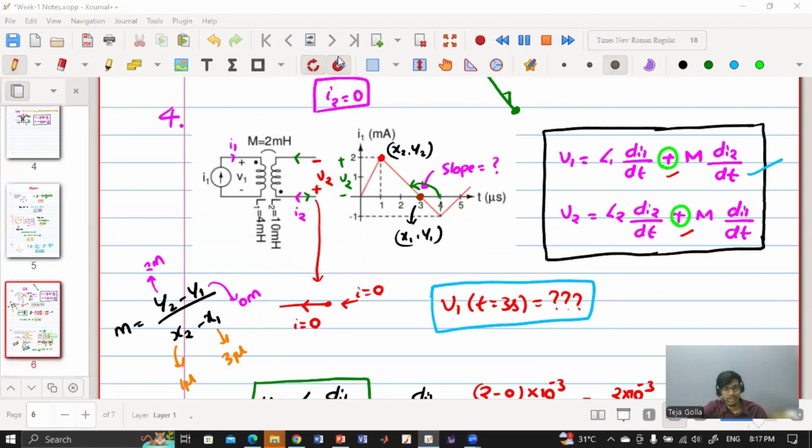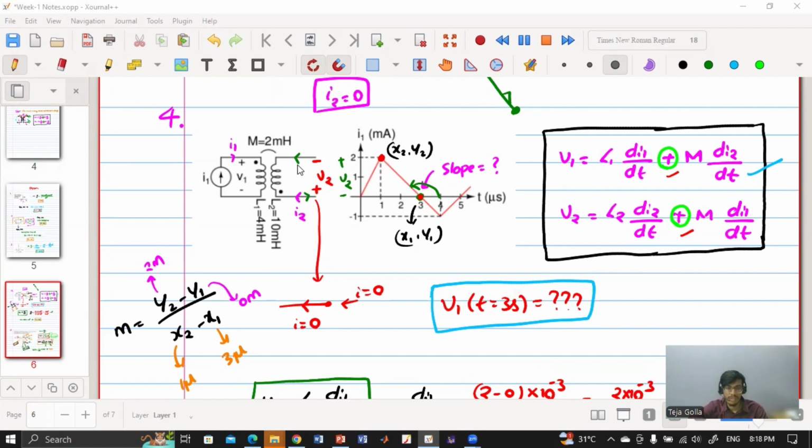Sir, in this sum, if we take the current in the opposite direction, that will be I2 in the upward direction. So it is leaving, right, sir? Yes. So it will get L1 di1 by dt minus M di2 by dt, right, sir? Yes.